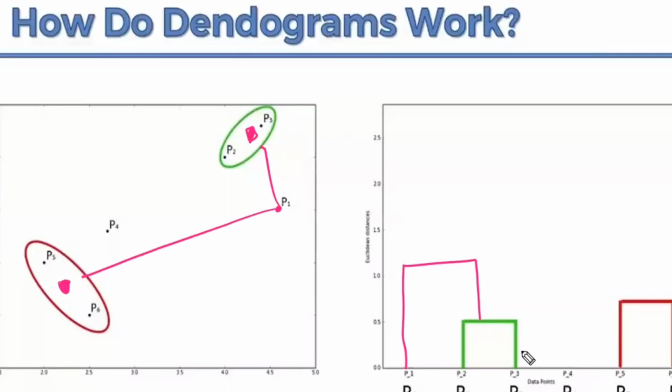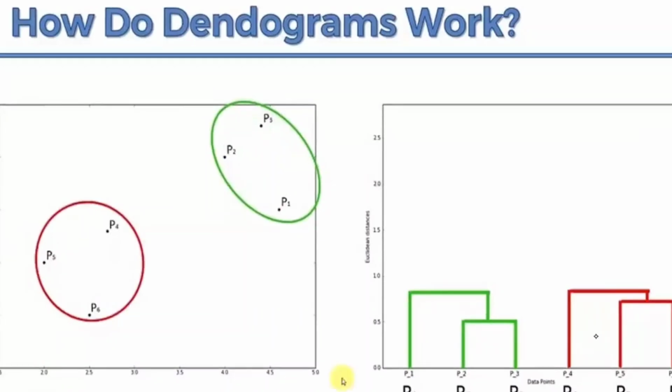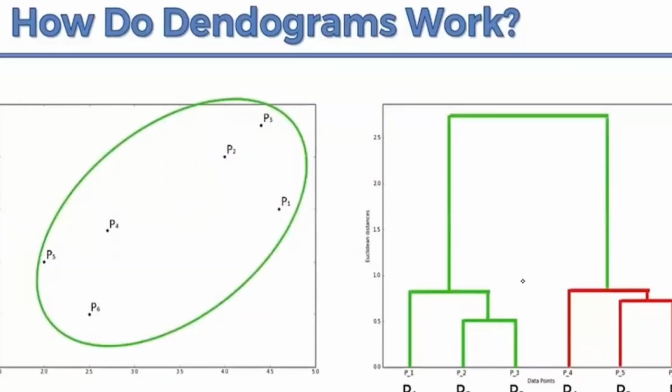To whichever one it is very close, that one I am going to collect. So this P1 is very close to this one, so I am going to add P1 to this cluster. Now this P4 is close to this one, so I am going to add P4 to this cluster. And finally everything into one, like this.